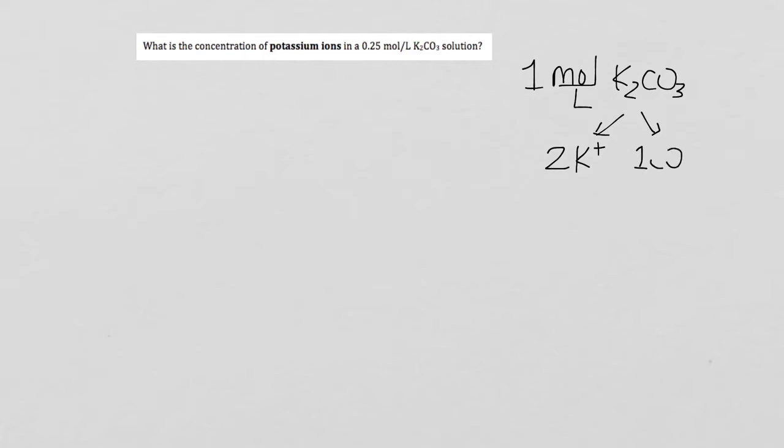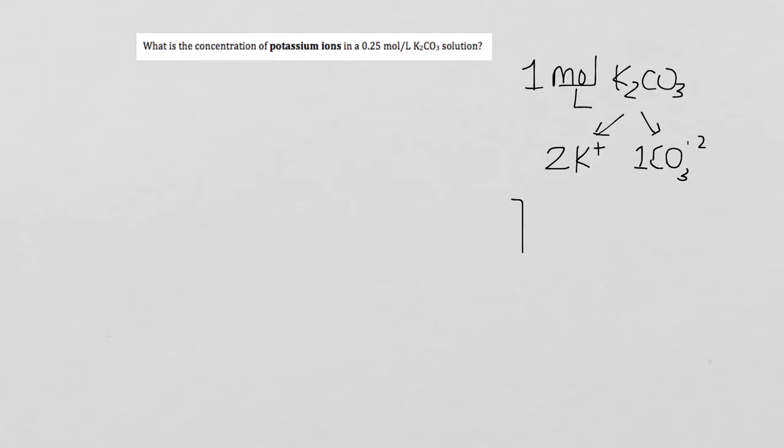Just imagine a simpler example where, let's say instead of 0.25 molar, you have 1 molar of K2CO3. But what does K2CO3 do? It dissociates into 2 potassium ions and 1 carbonate ion.